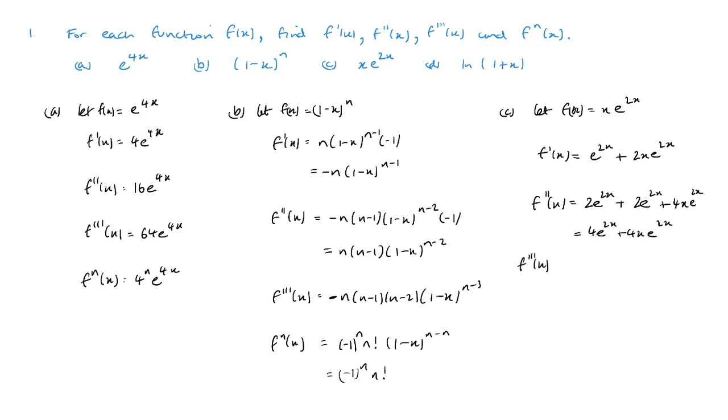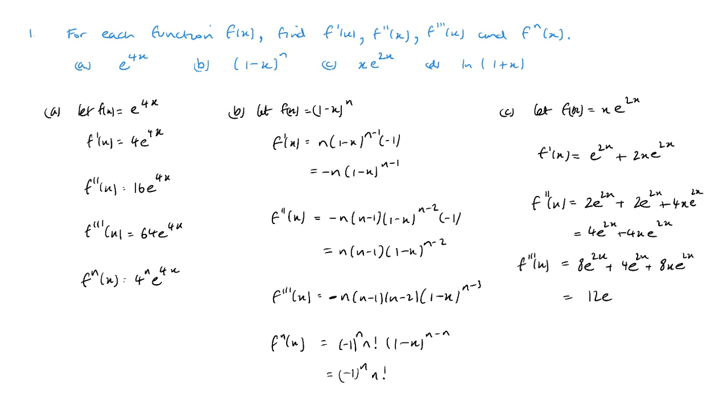Okay, at the moment the pattern looks like, well, this has gone from 1 and 2, 4 and 4. Let's see what the next one is. So differentiating this, we get 8e to the 2x plus 4e to the 2x plus 8x e to the 2x.